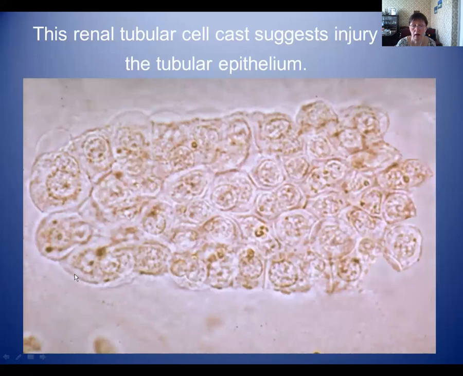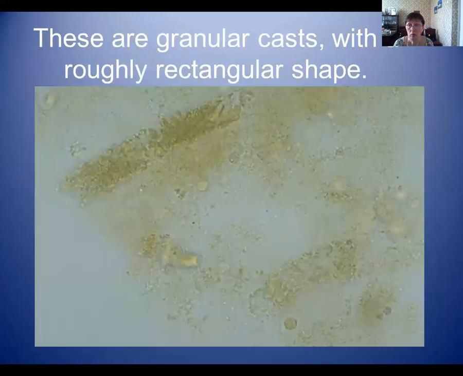This cast consists of the remains of tubular cells which are pasted together. And such a finding is the sign of affection of tubular epithelium. One more cast with rectangular shape here, so-called granular casts.